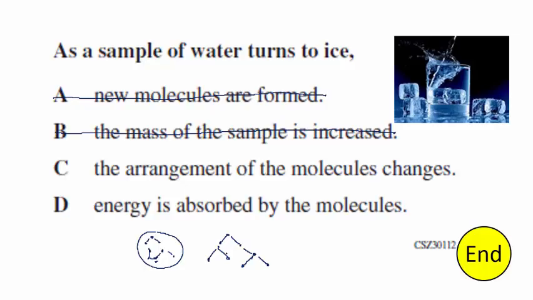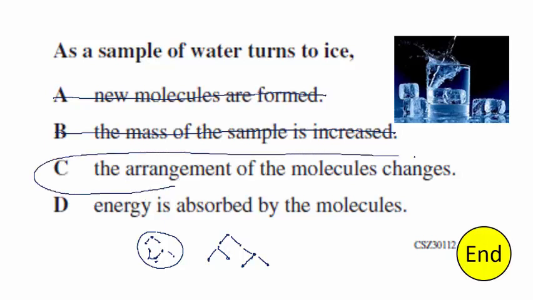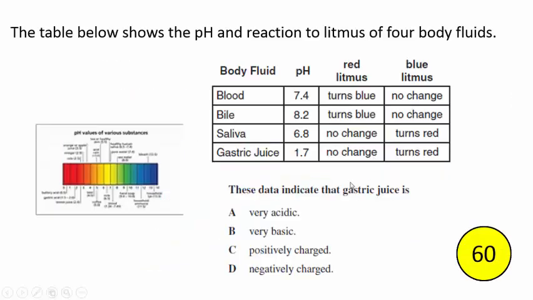And then eventually what we get is an ice crystal. So the arrangement does change. So our choice is C. Just talk about D for a second. This is actually exactly opposite. Energy is not absorbed, it's actually released. So that is almost true, but one word's out of place. So the choice is C. Next question, 60 seconds. Begin.